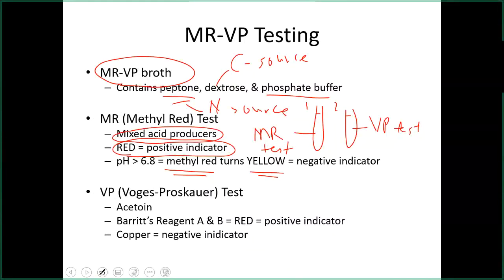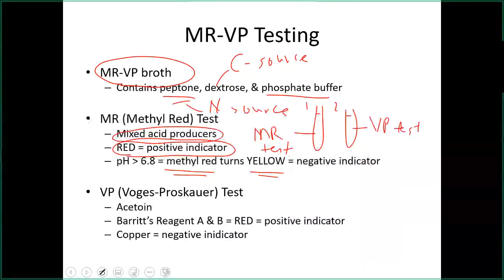That's one direction in which organisms can go. Now, if they're positive there, you almost don't even need to do this Voges-Proskauer test because the chances are extremely good that the organism is going to be negative for that. But we always do it anyway. We always want to do it because it's possible you could have an organism positive for both of these things. Not likely, but possible.